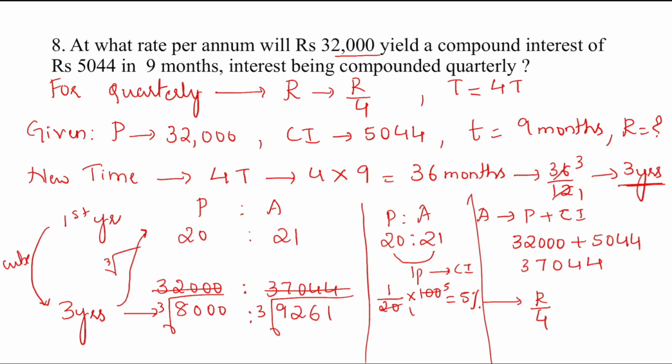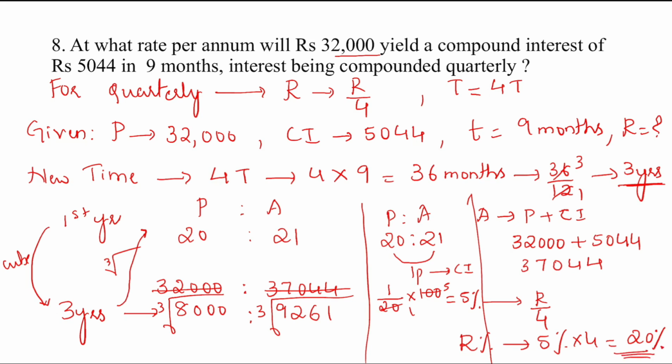But we don't want R by 4, we want R, isn't it? So R percent is given by 5% into 4. So 5 fours are 20%. So 20% is the answer.